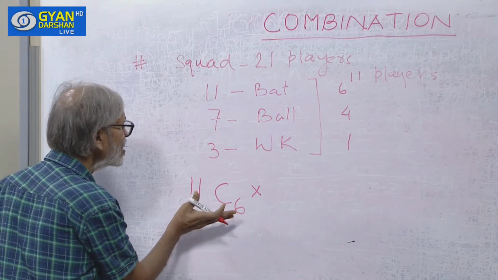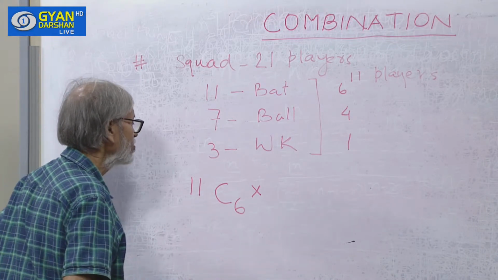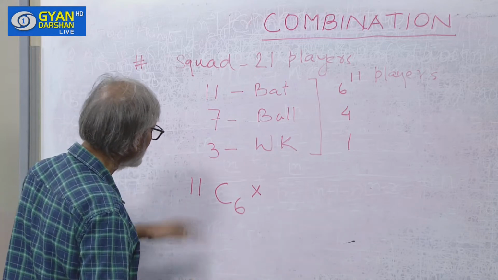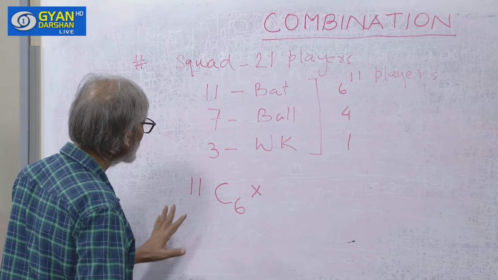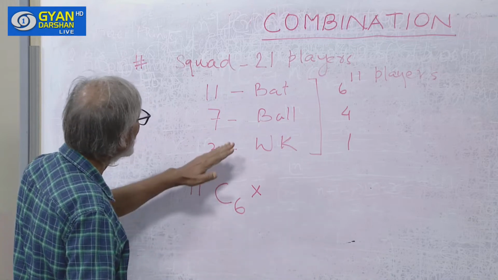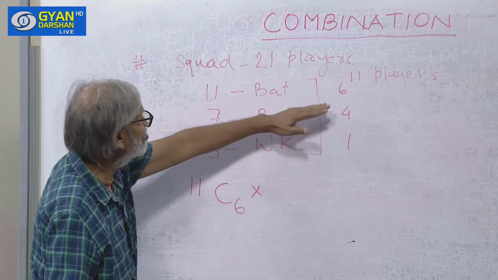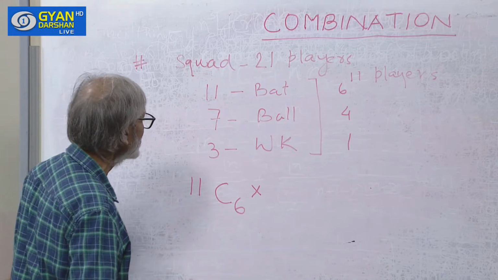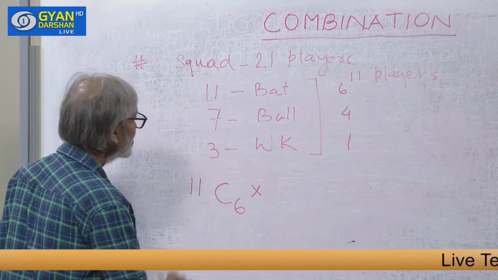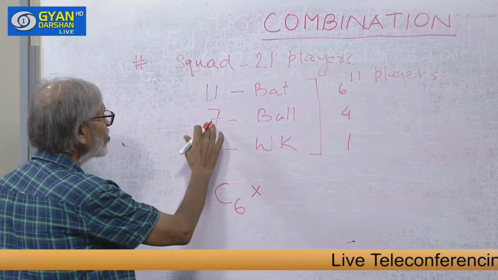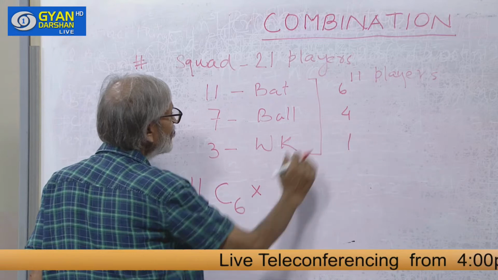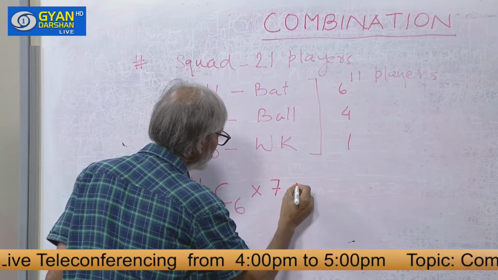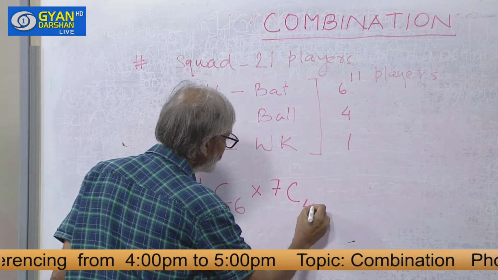So, this is a combination because order is not important. You are choosing 6 batsmen, first, second, third is not important. Out of 11 batsmen, you have chosen 6. So, there can be 11C6 ways. Now, simultaneously, out of 7 bowlers, 4 are to be selected. So, this will be equal to 7C4.